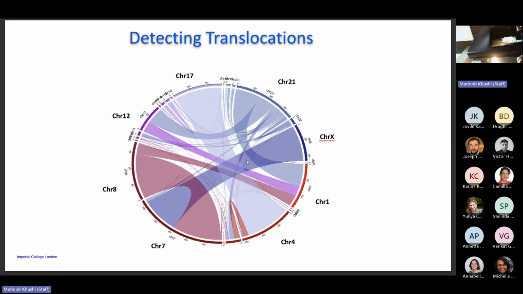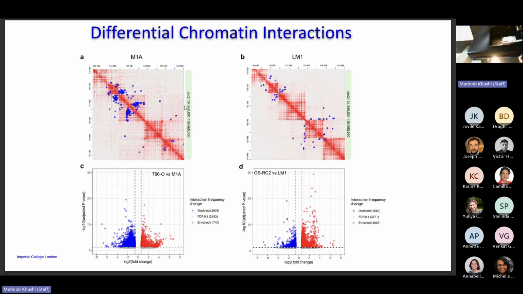And you can figure out where chromosomes have broken and attached to different regions. So these are called translocations, very common in cancer. So these arcs show part of chromosome 7 is attached to chromosome X, 21 to 12. And so you can figure out these massive damaged chromosomal regions.